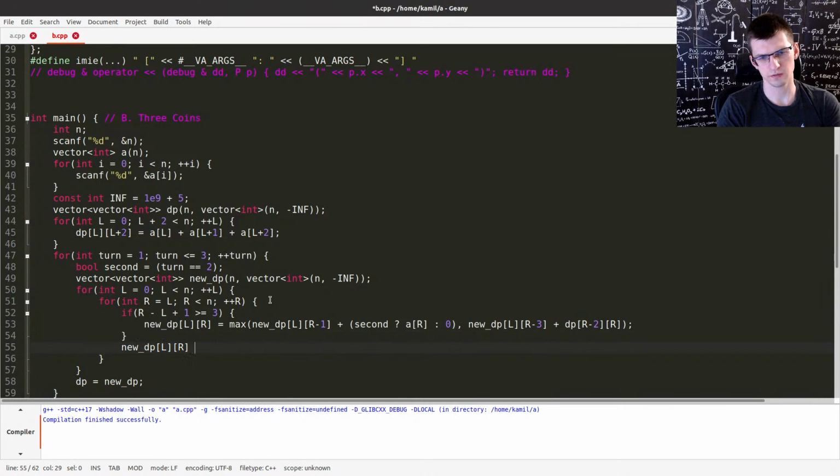Otherwise, do that. If second, then the sum of values, otherwise 0. So this is just sum of values from L to R. Like here.